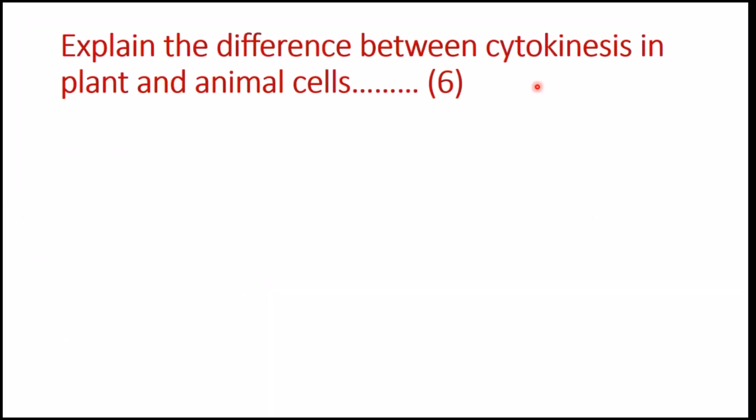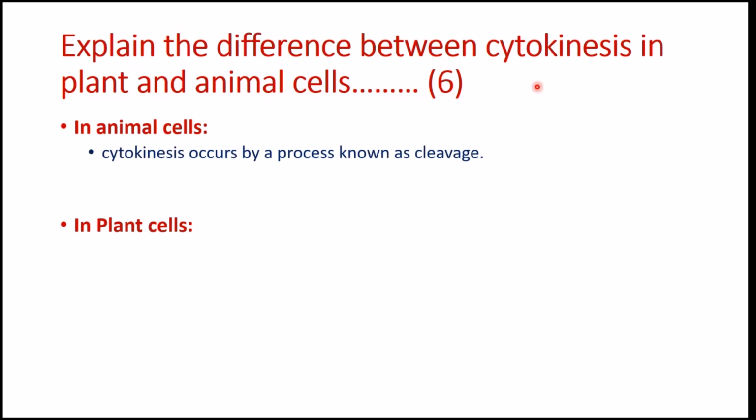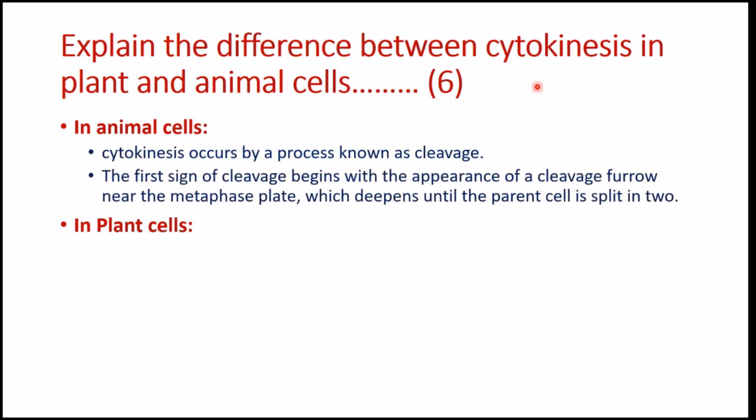Explain the differences between cytokinesis in plant and in animal cell. So you have to explain in animal cell, in plant cell. So in animal cell, cytokinesis occurs by a process known as cleavage. The first sign of cleavage begins with the appearance of cleavage furrows near the metaphase plate, which deepens until the parent cell splits into two.